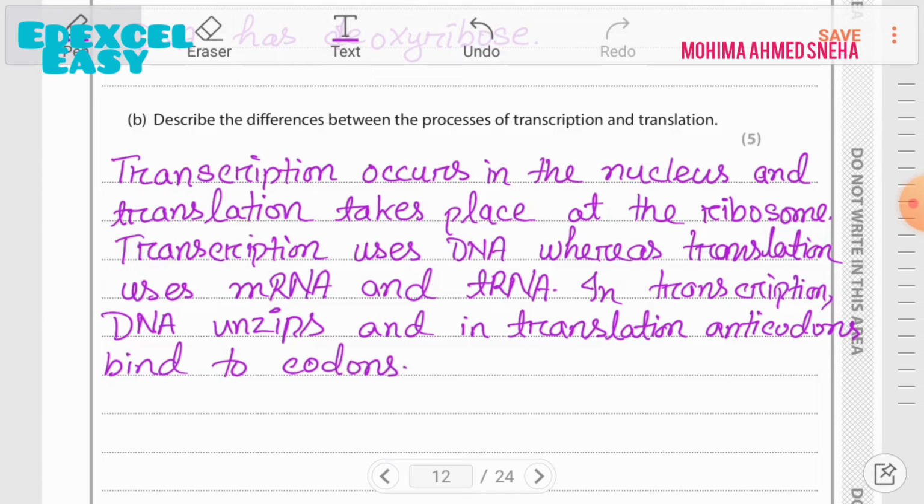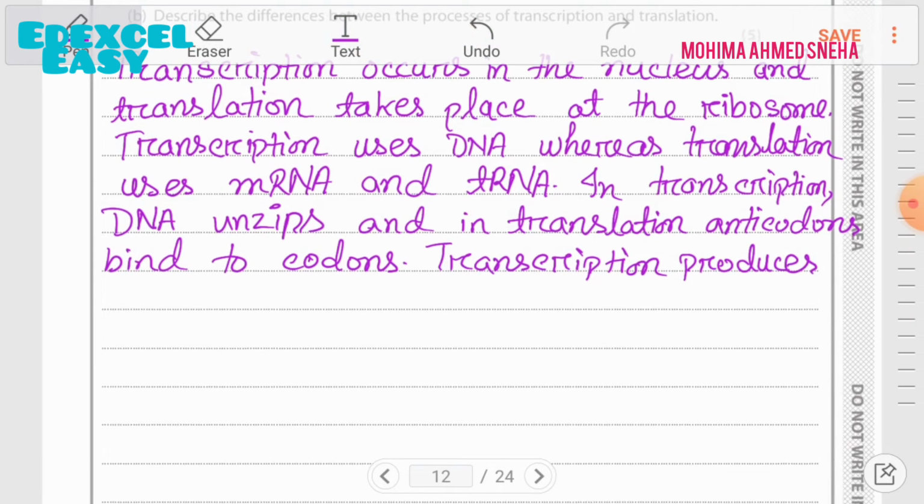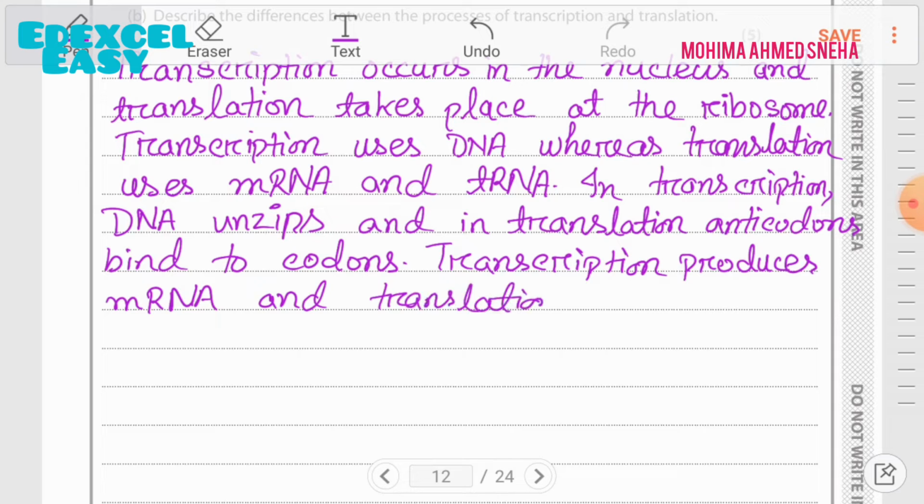Transcription produces mRNA and translation produces polypeptides.